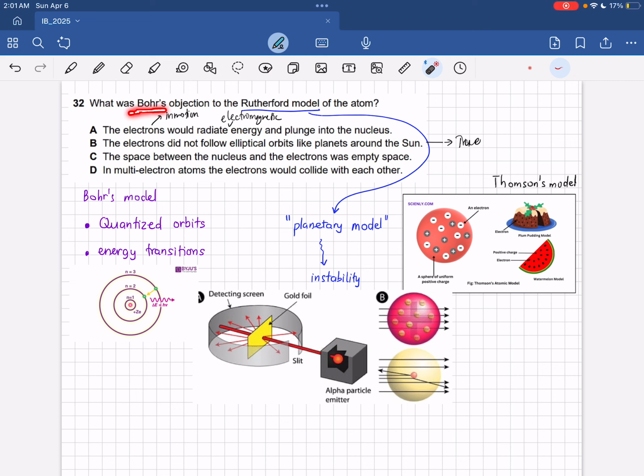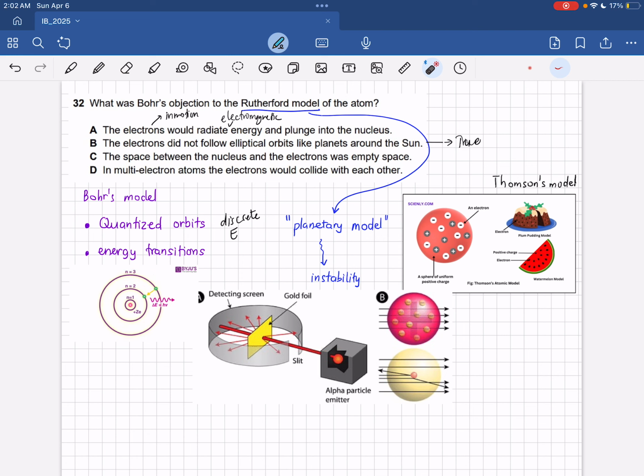That's why Bohr tried to explain what could be an enhancement to the model, and he came up with the idea that each electron should stay in some quantized orbit, because it should have a discrete amount of energy. It means it is not continuous energy, just discrete, specific energy. When the electron is in those quantized orbits, it doesn't emit energy.